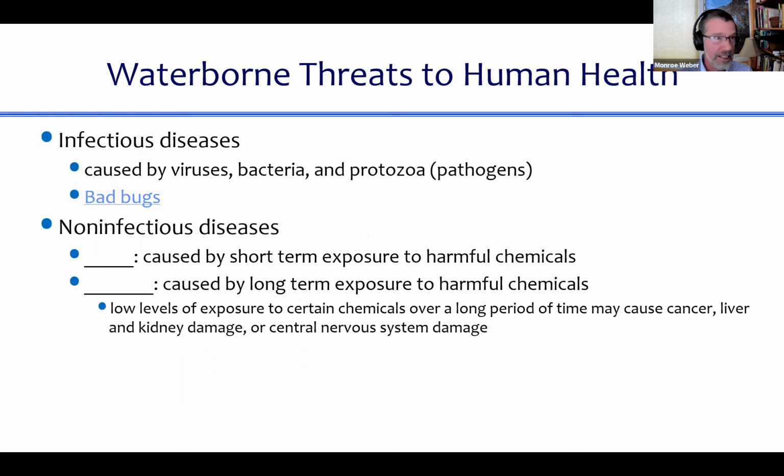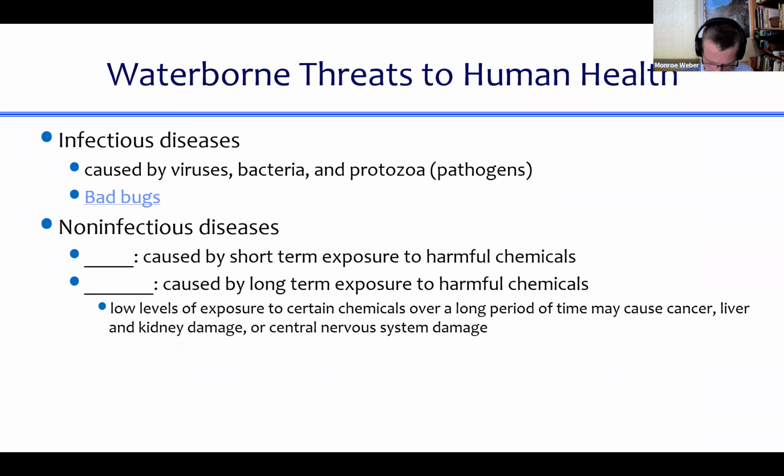There could be infectious diseases, so disease organisms, pathogens in the water. There's a link there to bad bugs, which is on the course wiki on GitHub. There are many, many potentially infectious diseases that are carried by water, and we would presumably like to not have many of those infectious organisms in the water.